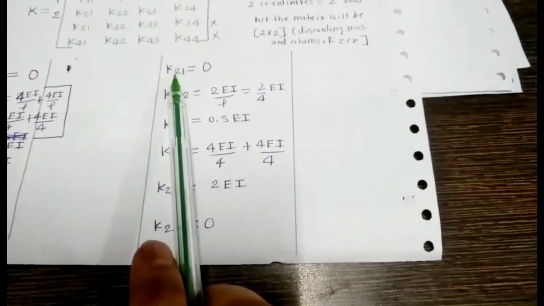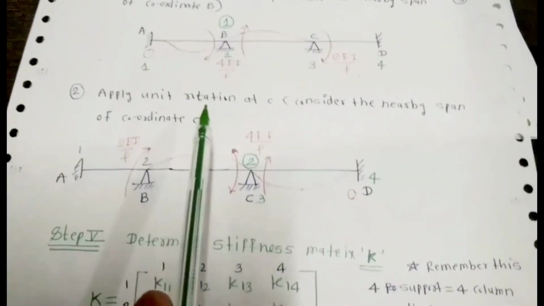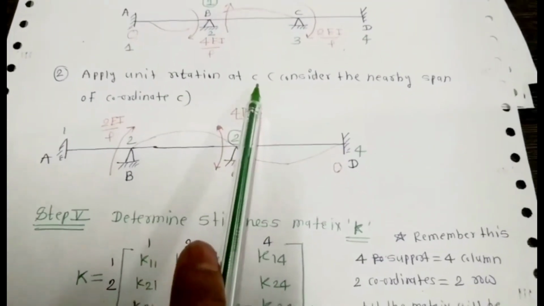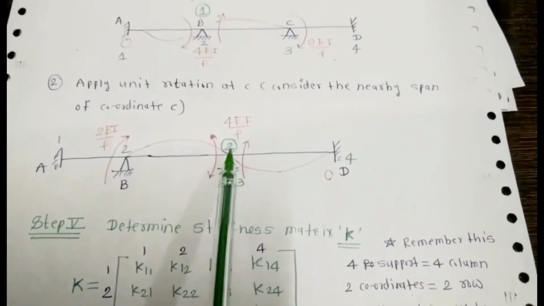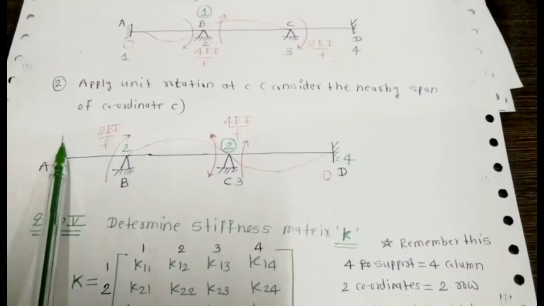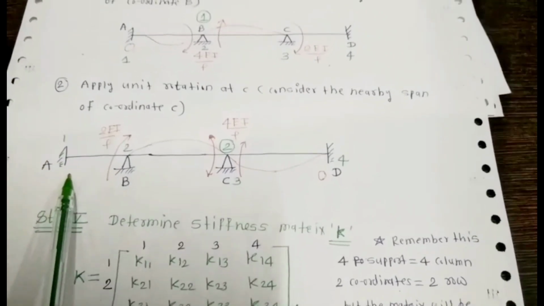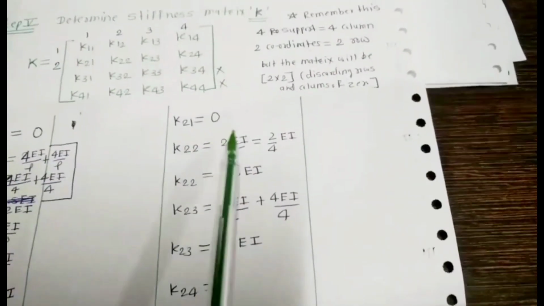Now next is K21, the second coordinate effect on the first point. When unit rotation was applied at the second coordinate, this figure we have to consider. The second coordinate effect on the first point is 0, so K21 is 0.